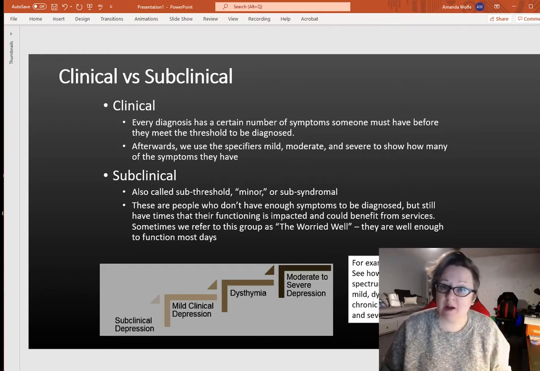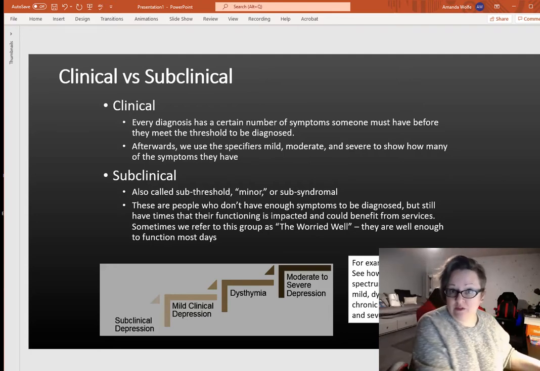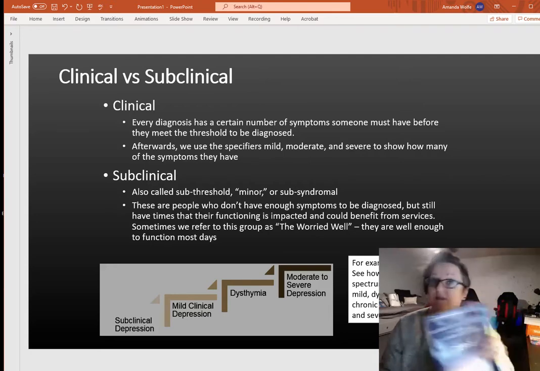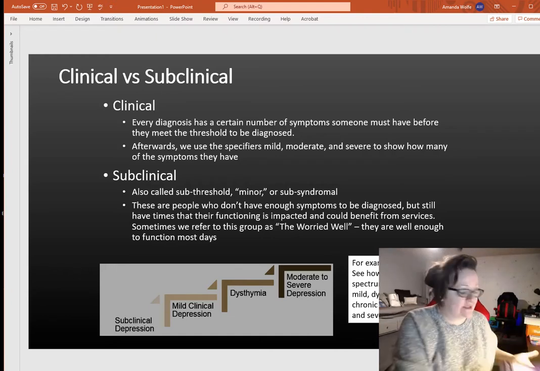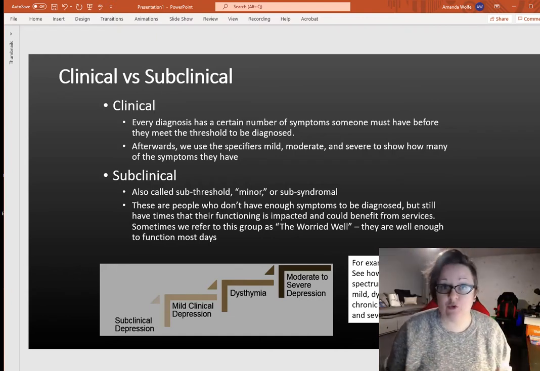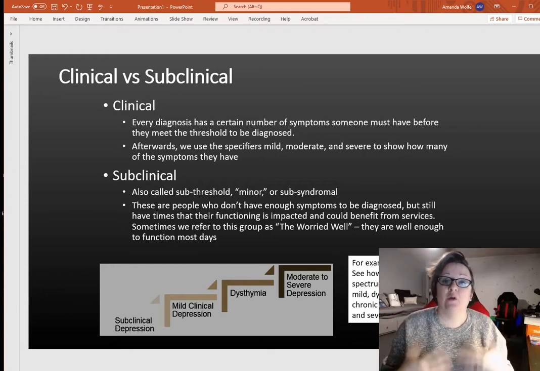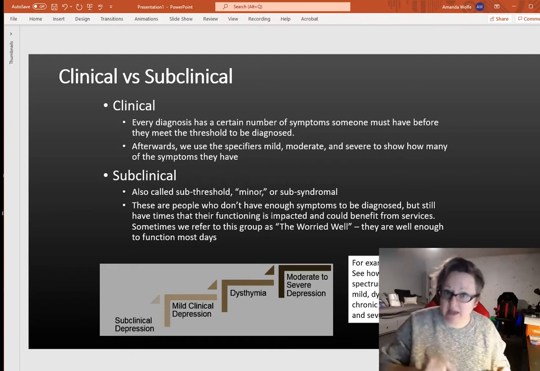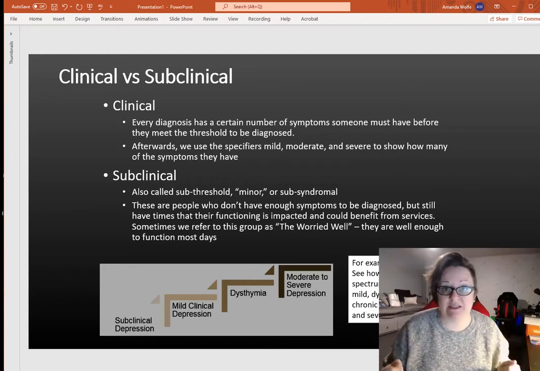When we think about mental health diagnosis, every single one of the disorders that we'll cover in the DSM has a list of symptoms. And for every disorder, there's a certain percentage or minimum number of symptoms that you have to have for us, the clinician, to say, yes, you have this diagnosis, or yes, this seems to be the presenting concern.